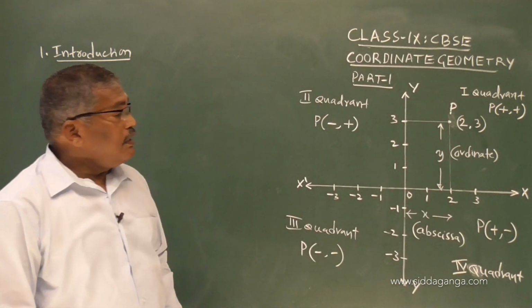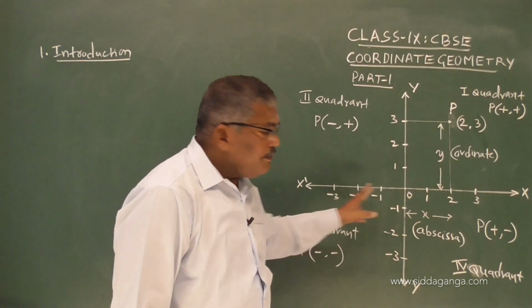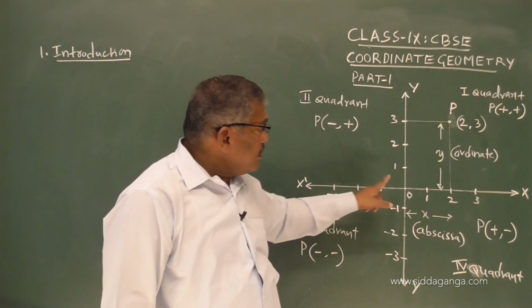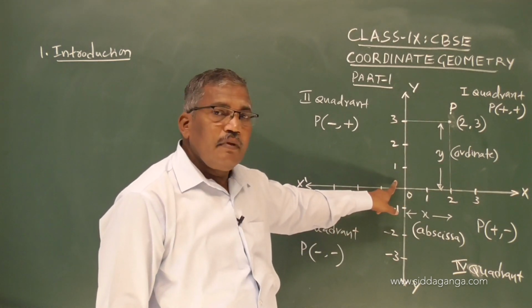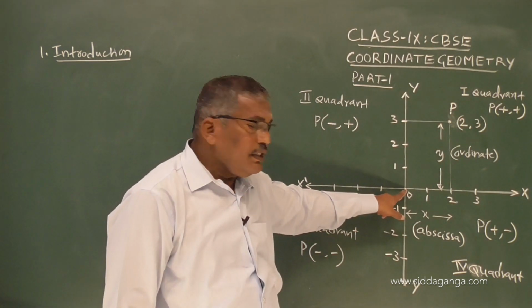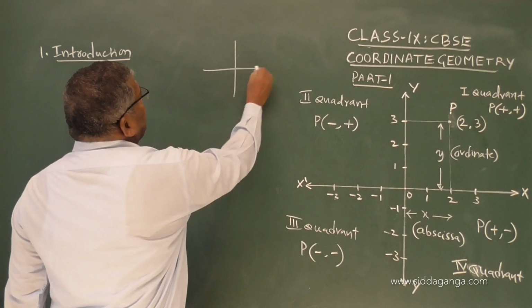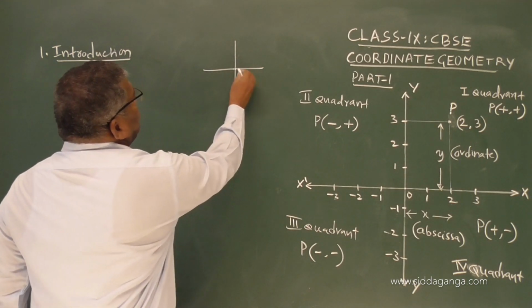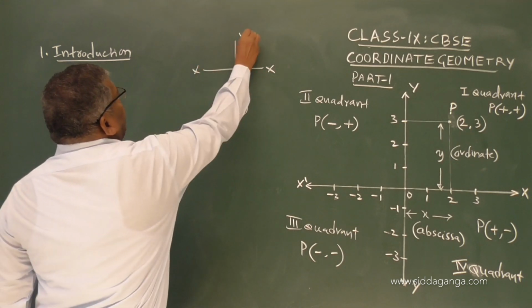So you have to understand these things. Number one, there are two coordinate axes, they are intersecting at a right angle, 90 degrees, and they are intersecting at a point. This point is on the x-axis as well as the y-axis.